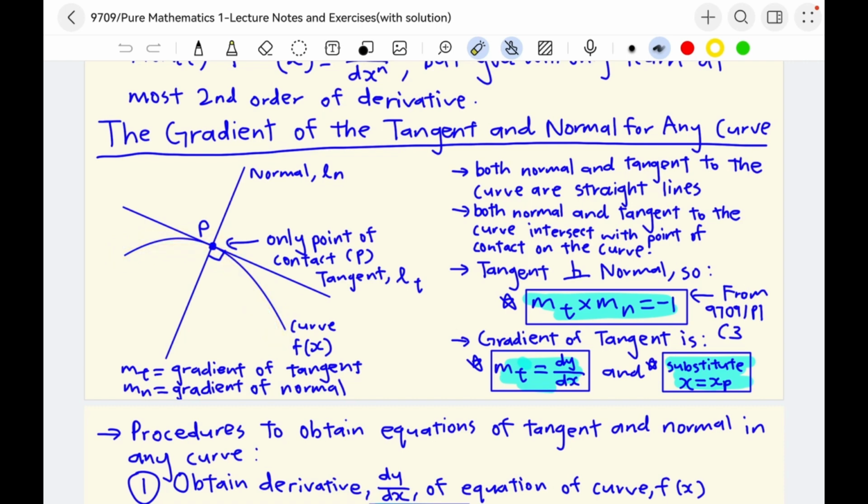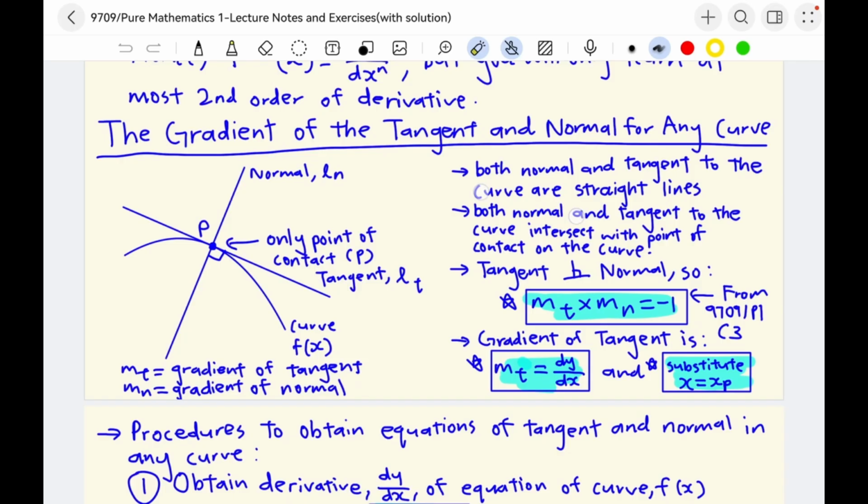When you differentiate the curve, it represents the gradient function of the tangent. To get the real gradient, we have to substitute the x coordinate value into the gradient function.